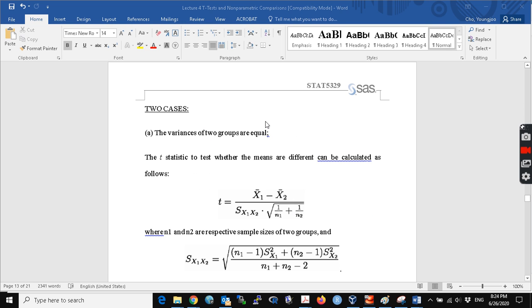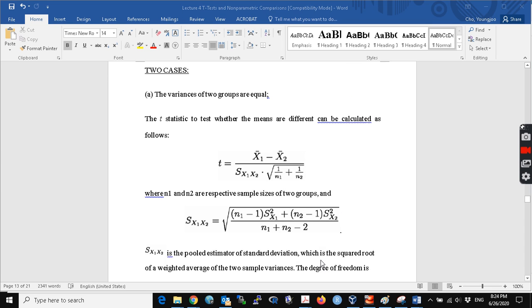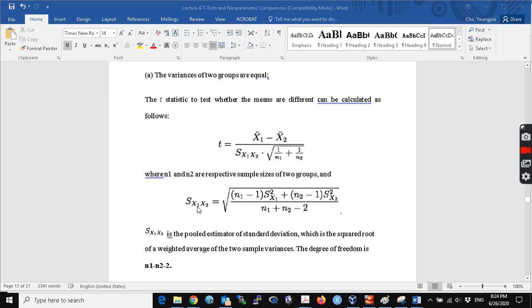If they are equal, then we pool the sample variances of the first group and the second group. So we compute the pooled standard deviation, which is the square root of the pooled sample variance, because we think that their population variances are equal.